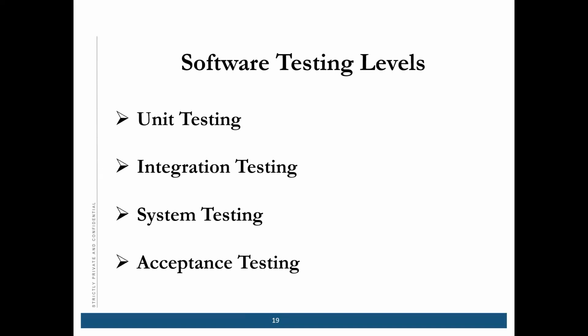Okay, so the next topic is software testing levels. So how does software testing progress? First it will be unit testing, then integration testing. Before that, there are so many other testing also.